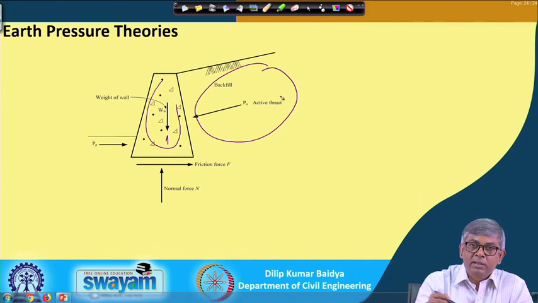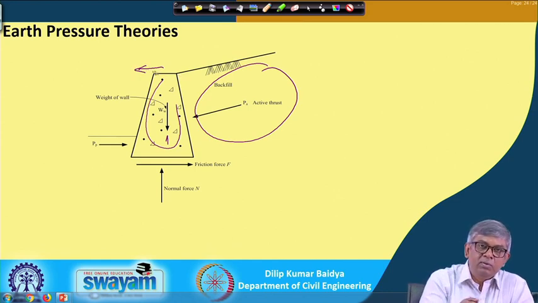So, there will be some active pressure, and because of this weight, if there is nothing else kept here, the tendency of movement of the wall will be towards this direction. So, the wall will move this direction.